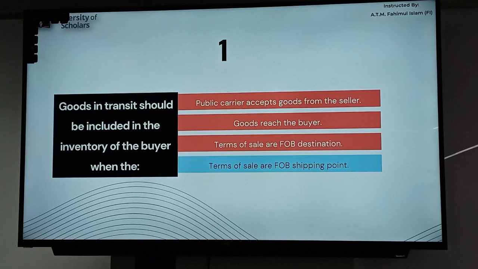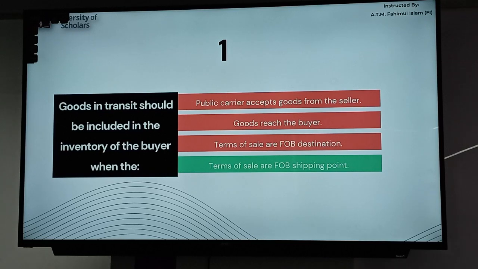FOB destination is when the seller pays the freight cost until reaching the destination of the product. So if it is paid by the seller, then the goods in transit shouldn't be included in the inventory of the buyer. So this would be the incorrect answer when the term of sale is for the shipping point.